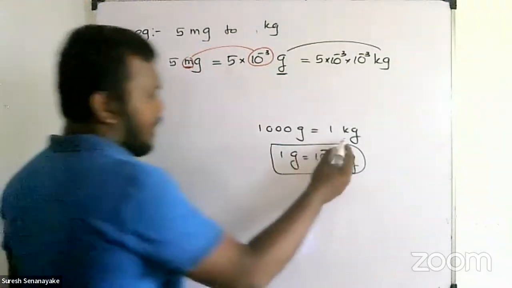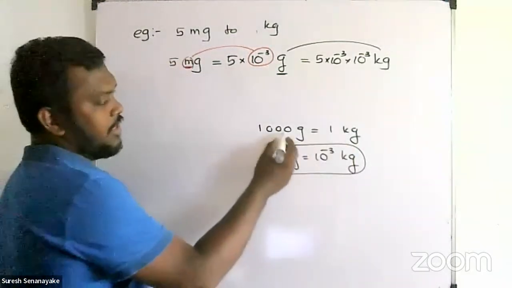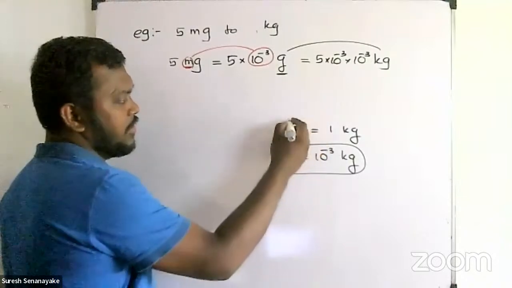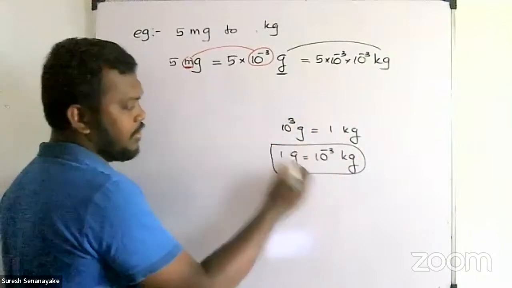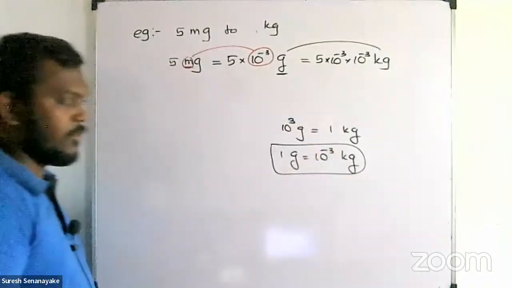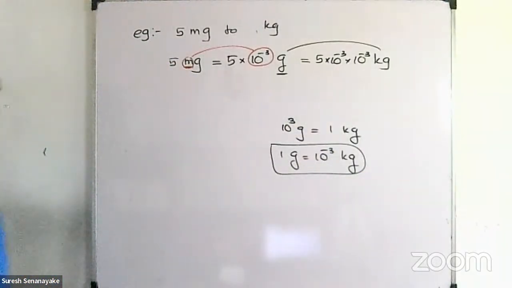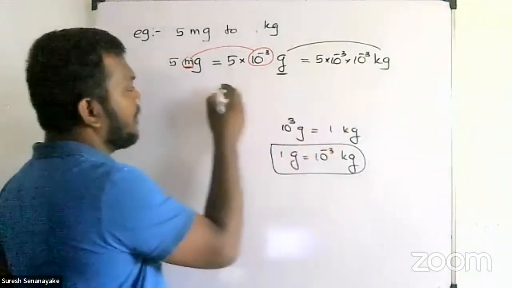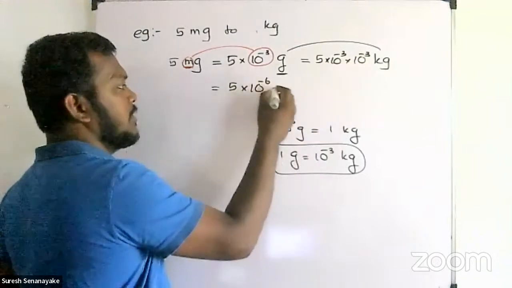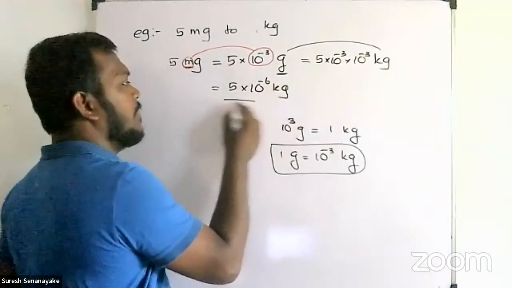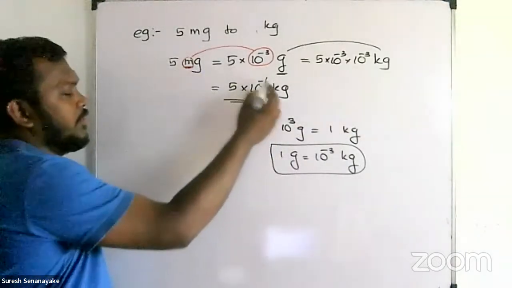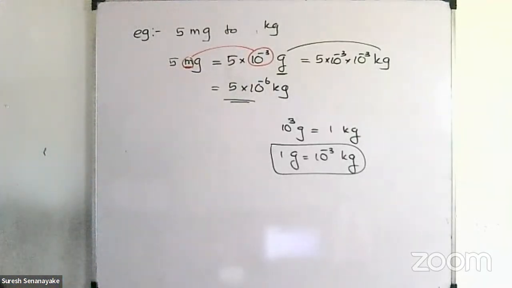And 1 kilogram is 1000 grams, which means 10 to the 3 grams equals 1 kilo. So 1 gram equals 10 to the minus 3 kilogram, because you divide by 10 to the 3. By simplifying this, you get 5 × 10^-3 × 10^-3, which is 5 × 10^-6 kilogram. So 1 milligram equals 10 to the minus 6 kilogram, and 5 milligrams is 5 × 10^-6 kilogram. That's the way you need to convert.